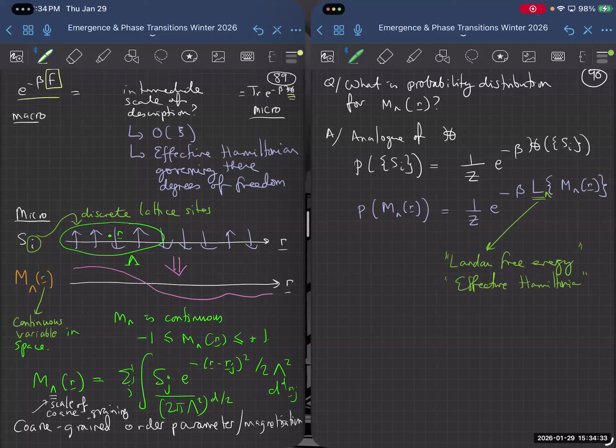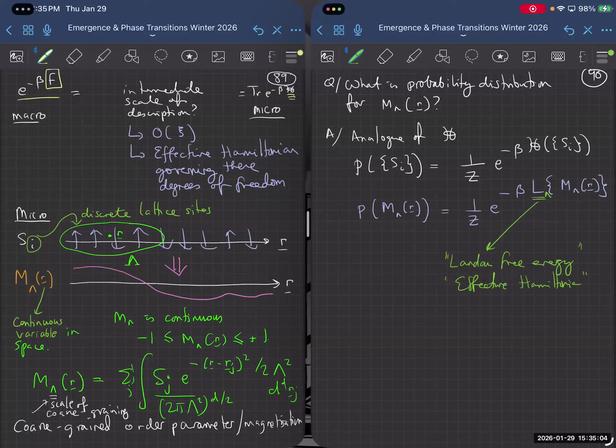All right, Andrew, you had a quick question? Yeah, what was your differential in that integral for the magnetization? There's a big mess, and all I'm doing is averaging. If you don't worry about the formula, all I'm doing is averaging all the degrees of freedom within that range lambda, and then dividing by the number of degrees of freedom in that range.